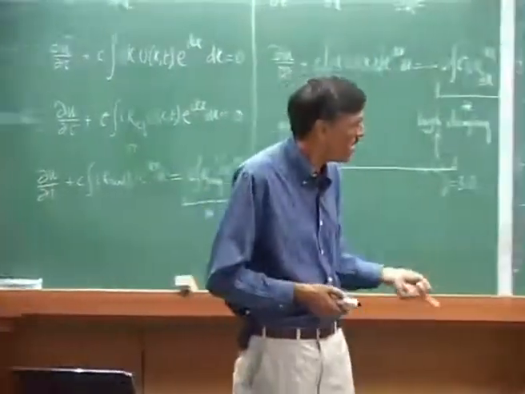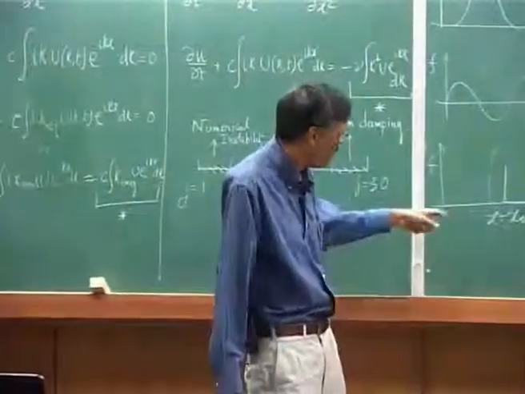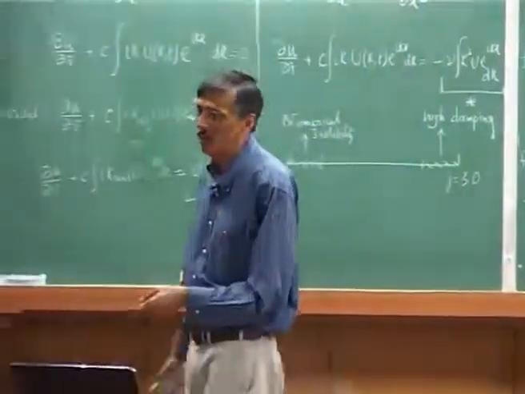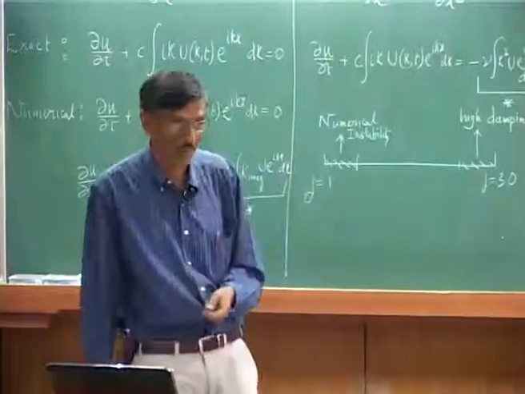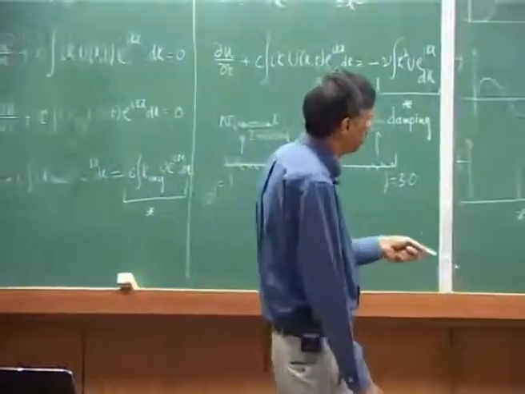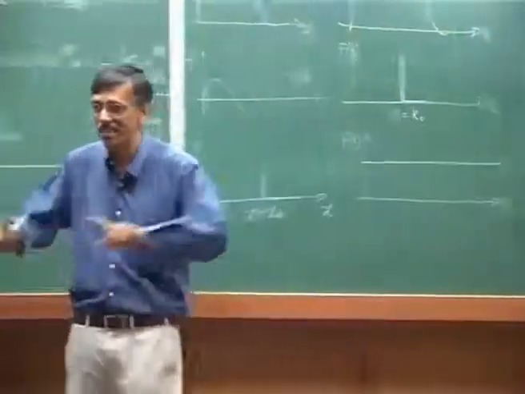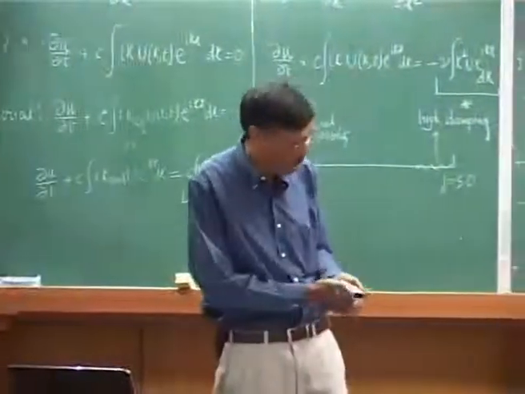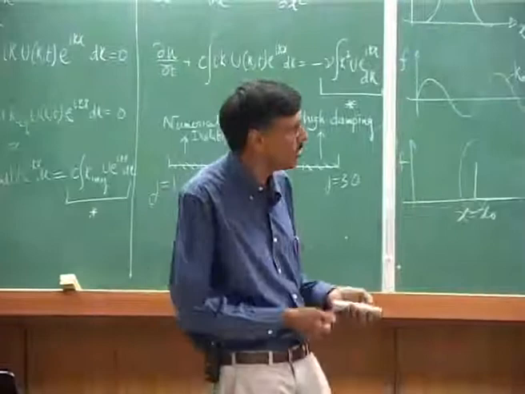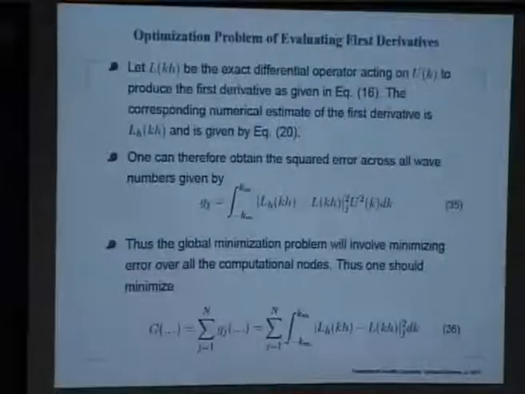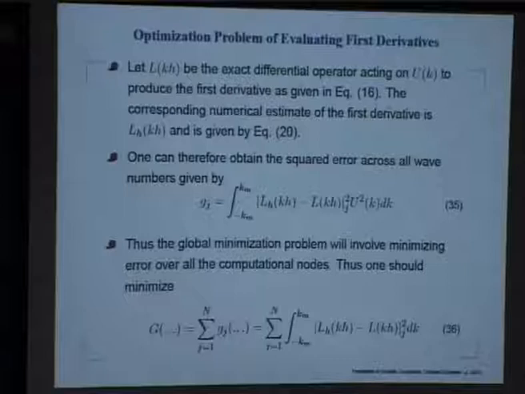So, what you are seeing is that if you have a very localized disturbance, that is going to be a very tough case for you to consider, because now all k's are excited. And so, when we do this optimization exercise, instead of the weight function u of k squared, we simply put it equal to 1.